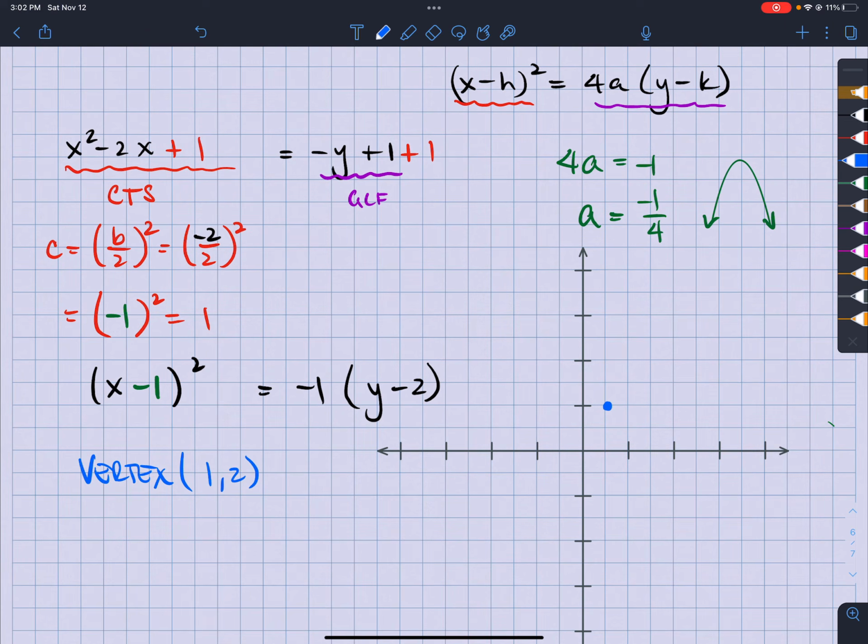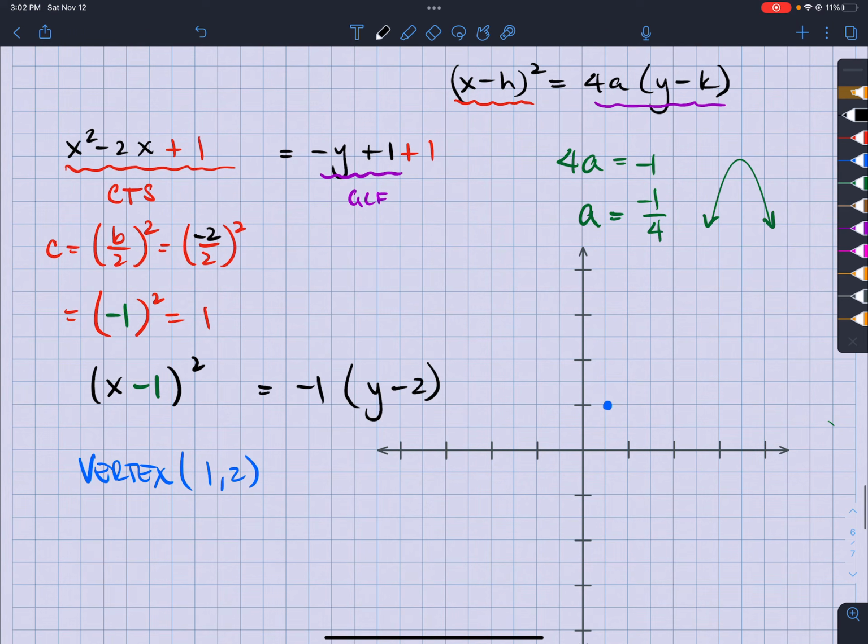You know what? Let's make this graph 1, 2, -1, -2, 1, 2, -1, -2, okay? So I'm going to erase this part and move this to the right place. (1, 2) will be right here, okay?